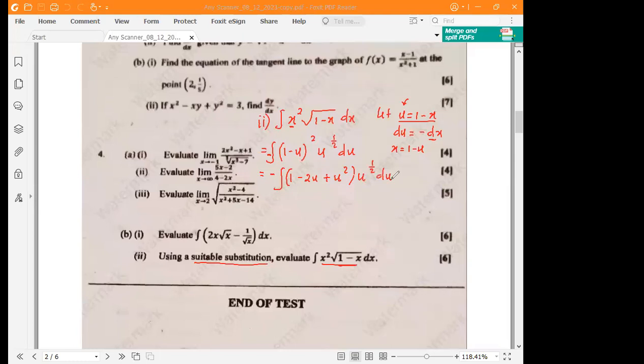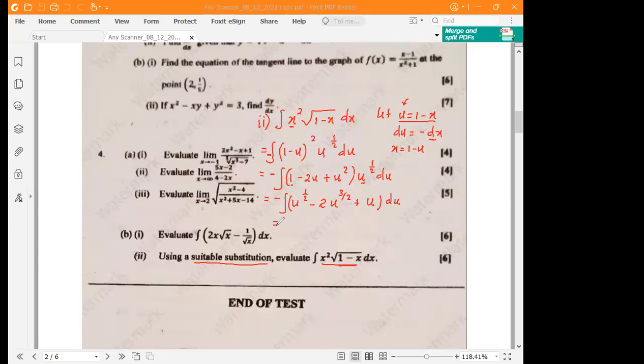That's how it will come out. And then we have minus 1 times u half, we get u to the half, minus 2u times u half, that is 2u to the 3 over 2, and then plus u squared times u half, which gives u to the 5 over 2.